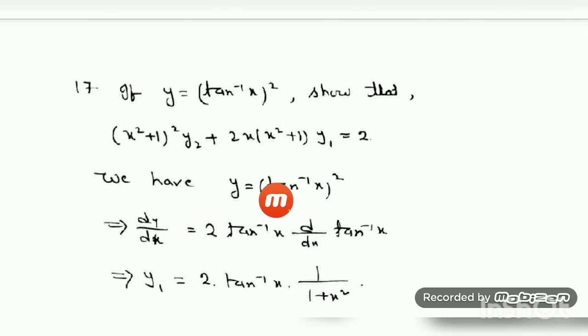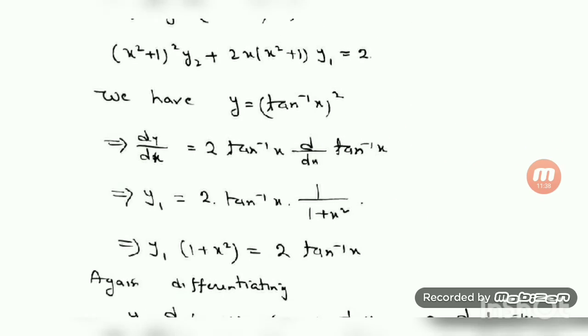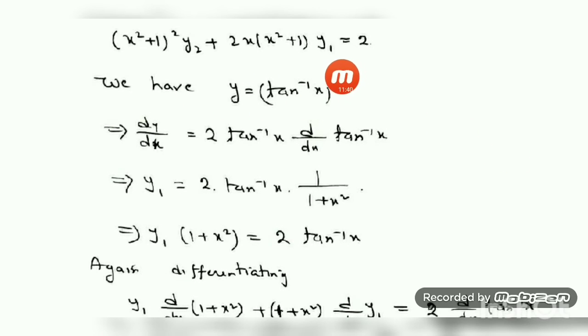So here first I have written y, then take the derivative dy/dx. This is 2 tan inverse of x, using the x to the power n formula, into d/dx of tan inverse of x. Since in the answer y1 and y2 are used instead of dy/dx and d2y/dx2, in place of dy/dx I have used y1: 2 tan inverse of x, and the derivative of tan inverse of x is 1 by 1 plus x square.